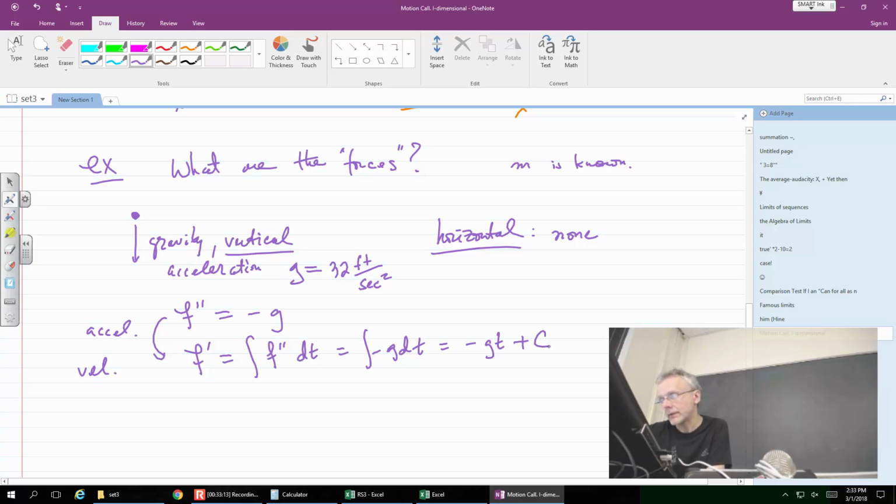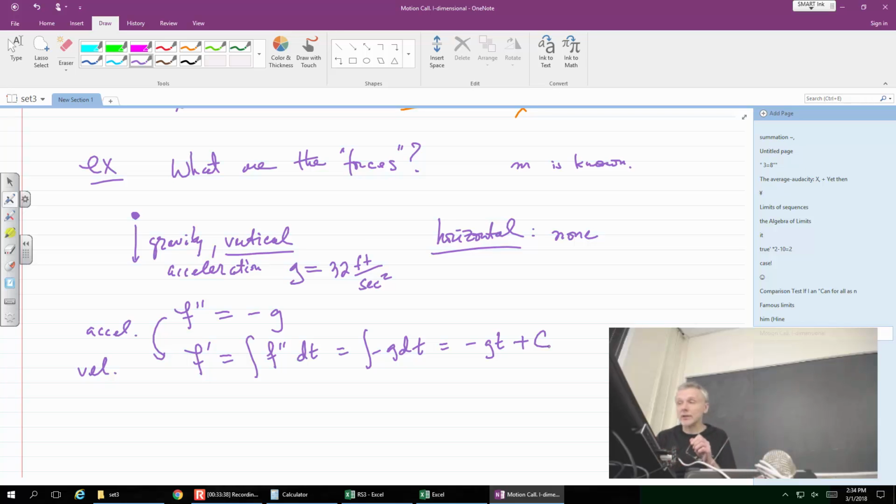So that's the antiderivative. Not just one antiderivative, but a bunch of antiderivatives. So each c provides a new antiderivative. The meaning of that extra c is important. It means that the same acceleration might produce different patterns of velocities, even though they are very closely related, right?